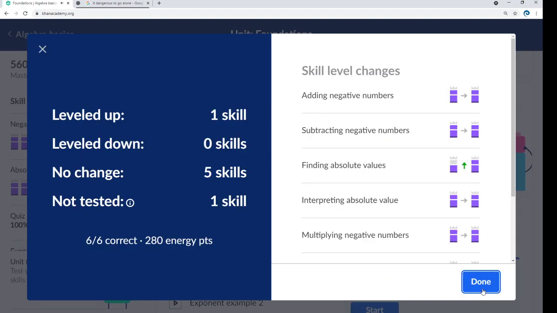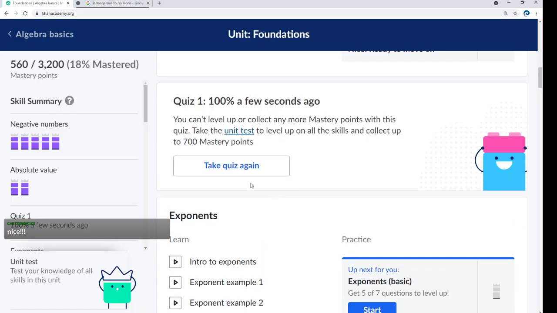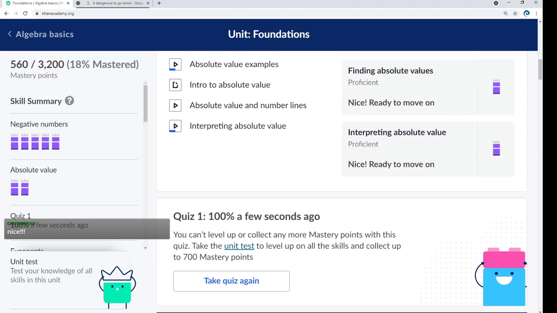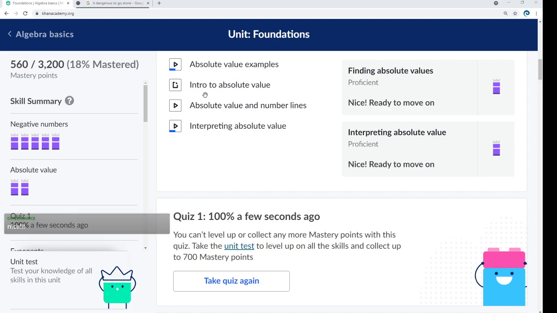Woo! Got the first quiz out of the way. 280 energy points sent my way. Cool. So this was fun. Yeah, Cosmic is like, nice. So it turns out I remember quite a bit more about algebra than I thought.